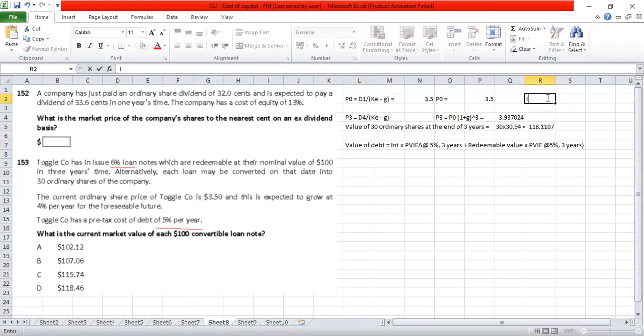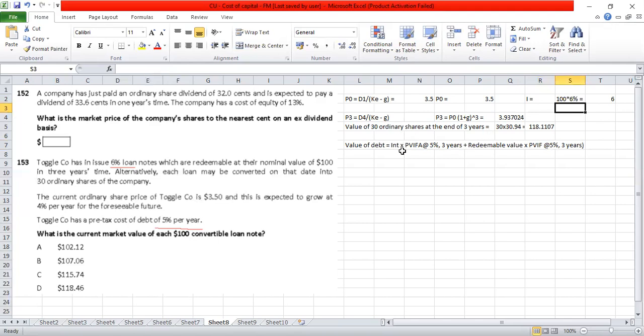I is equal to the value which is 100 into 6%, which is equal to $6. Done. So 6 should be multiplied into the present value interest factor of annuity at 5%.